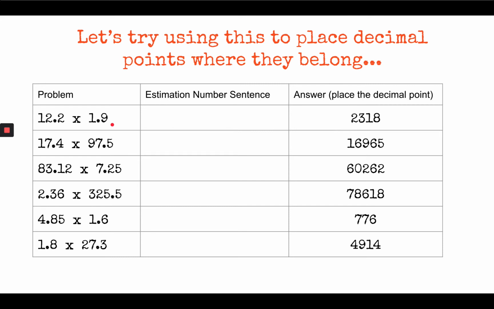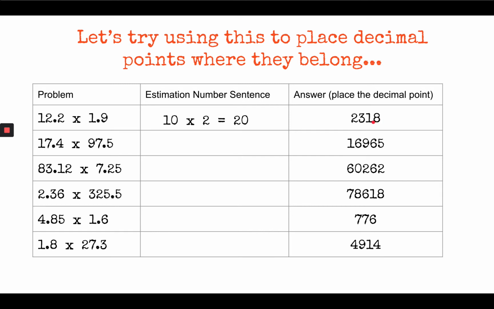So let's take a look at the first one. 12.2 times 1.9. Well, I know that 12.2 could round to what? 10? And 1.9 could round to 2. So 10 times 2 is going to be 20. Now, if I was to put my decimal point somewhere here, that would give me a number close to 20. Would I put it here? Well, no, because that would give me 2,318.